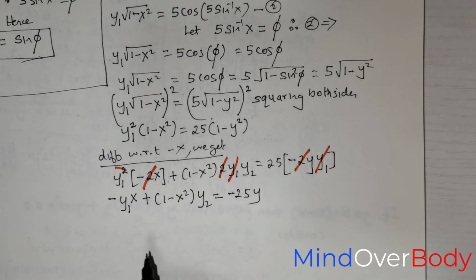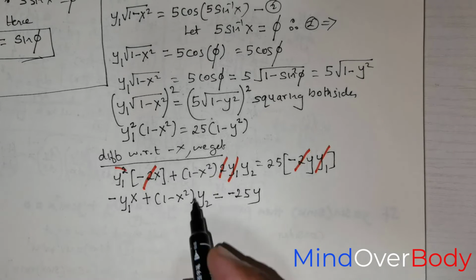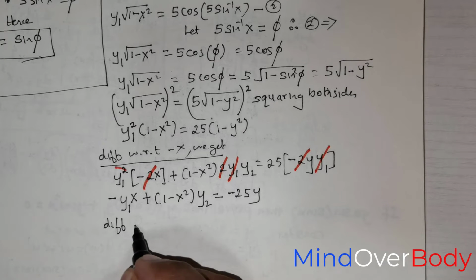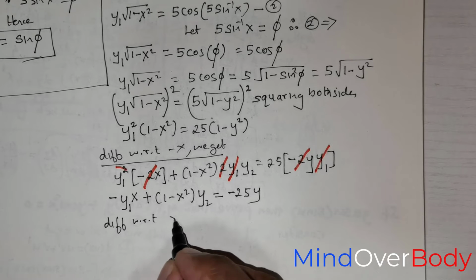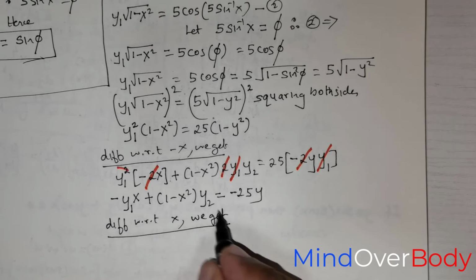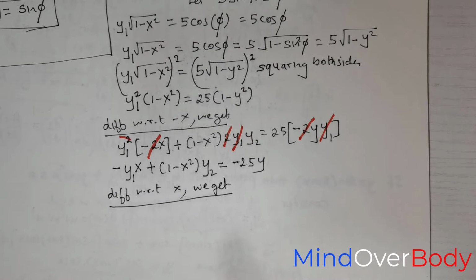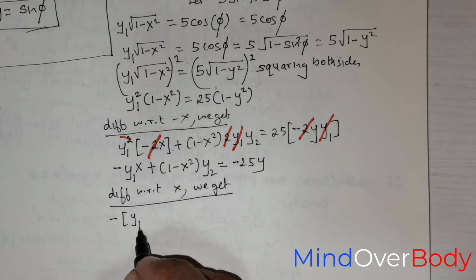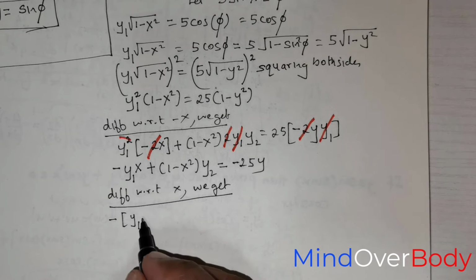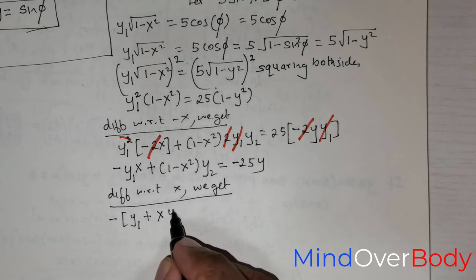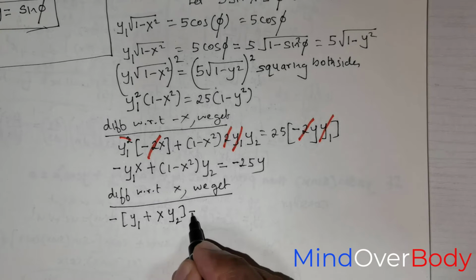Now the first differentiation is finished, the second differentiation is finished, so we got y2, but we need to get y3. So differentiating with respect to x, we will have to differentiate this quantity. So in this case it's uv, so I'm going to take a negative sign out, so it's going to be y1, differentiation of x is 1, positive x times differentiation of this y1 would give me y2, so that's fair enough.